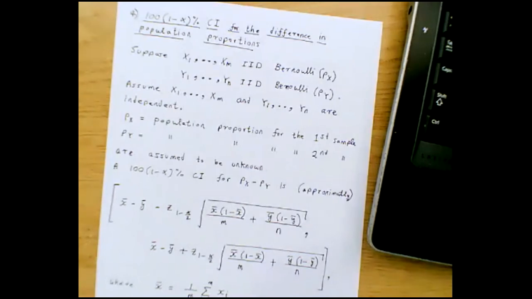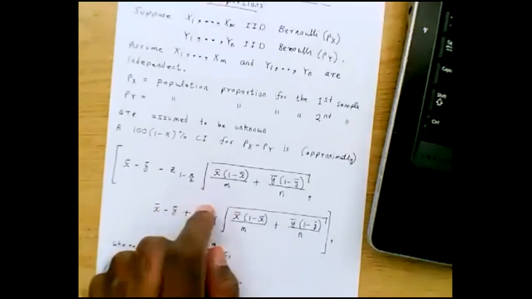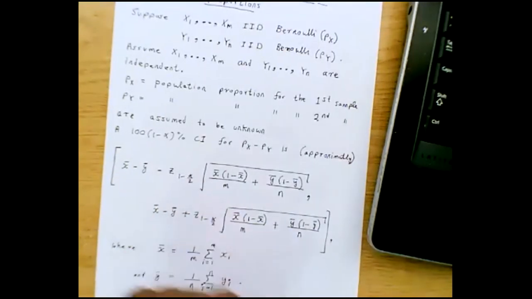So you have one proportion for male, one proportion for female, and you want to see what the difference is like. You can use this formula to find the confidence interval for the difference in the proportion of smoking for male and female, right?